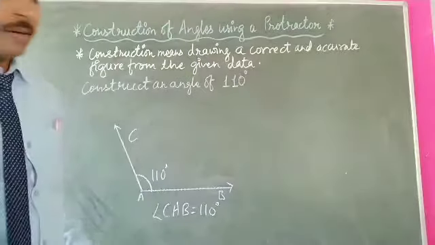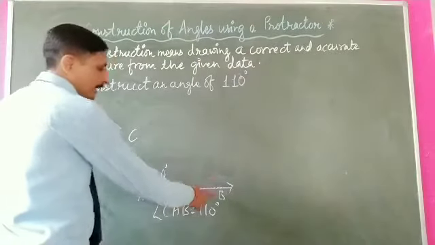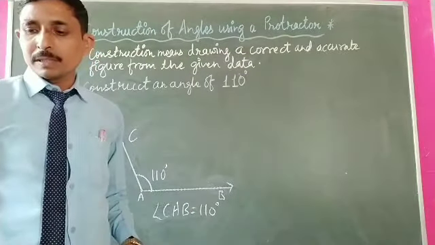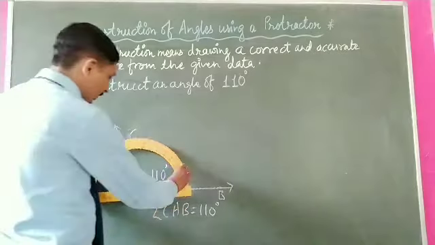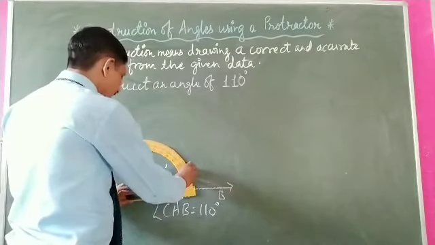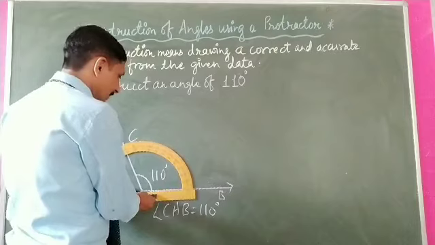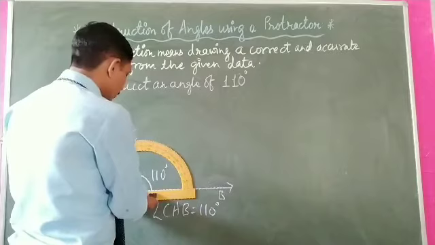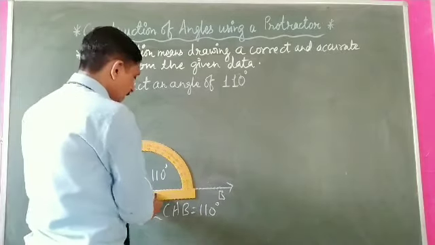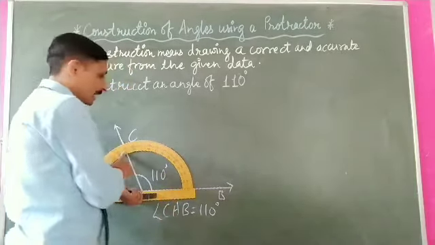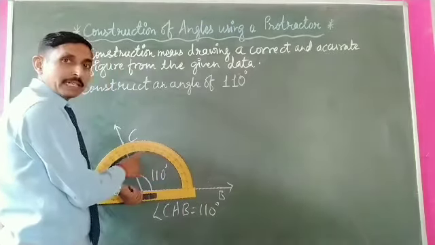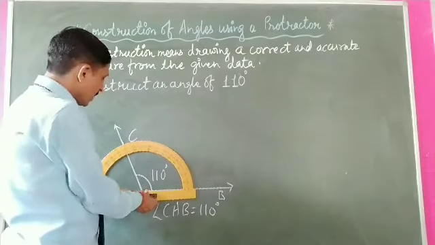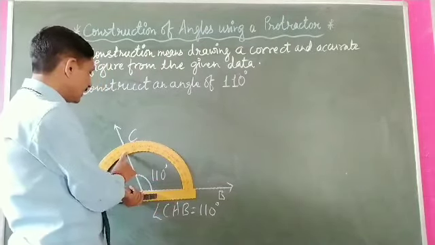What do we have to do? First draw a ray AB and place the protractor with its center at A and along the baseline AB. Then read 0 to 110 degrees on the inner scale.